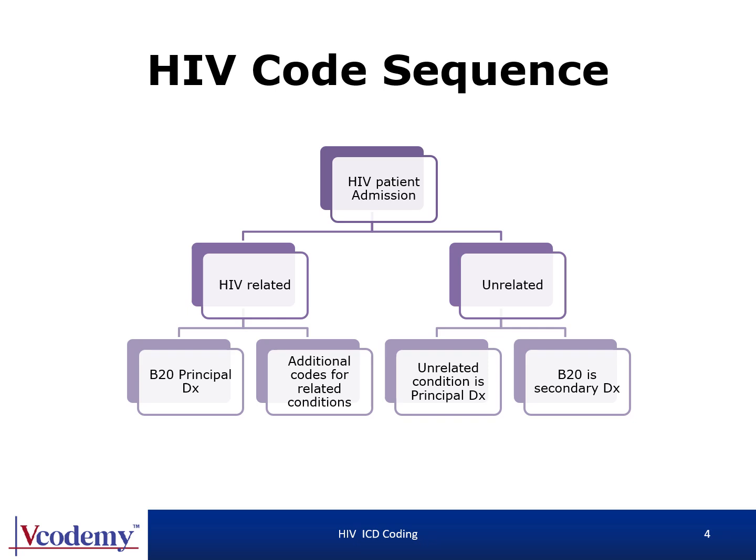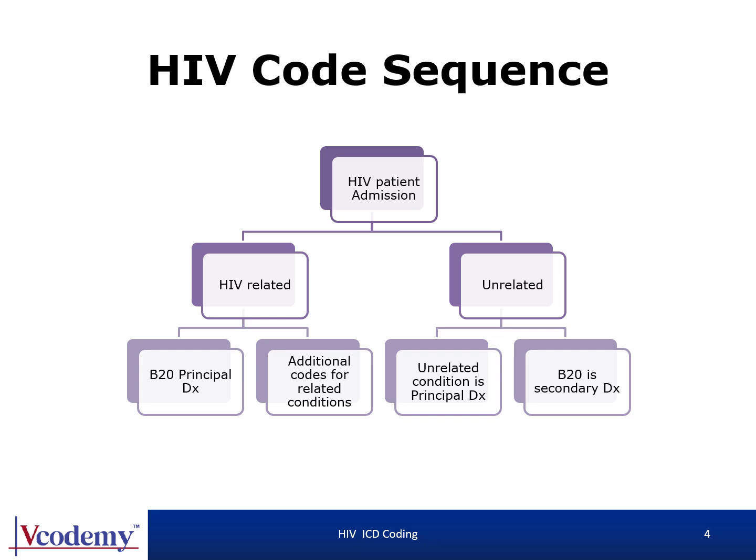So this is the HIV coding sequence. When you take up a chart for coding for HIV, the HIV patient is admitted to the hospital. Check whether the patient has any HIV related illness, or he is getting admitted for an unrelated condition. If it is an HIV related condition, then B20 should be the principal diagnosis.